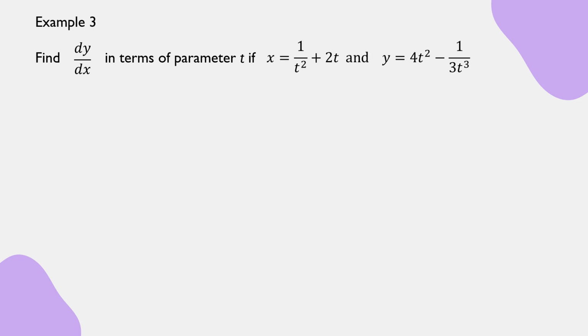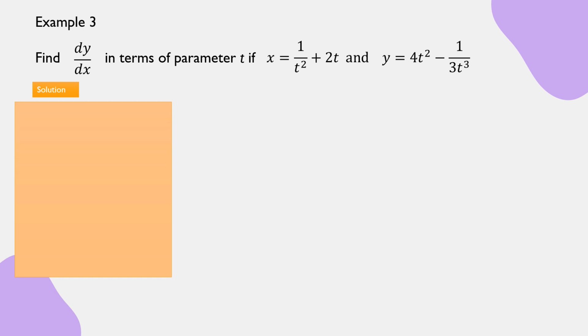Example 3. Find dy/dx in terms of parameter t if x equal to 1 over t squared plus 2t and y equal to 4t squared minus 1 over t cubed.